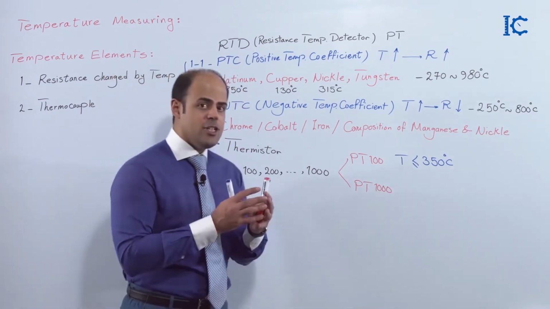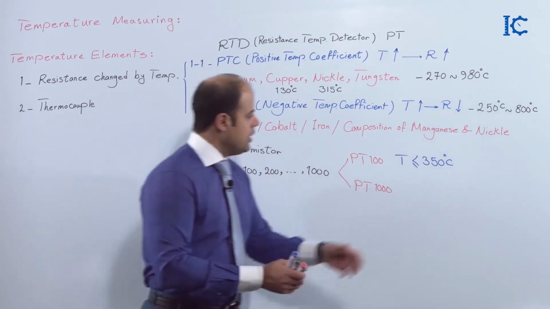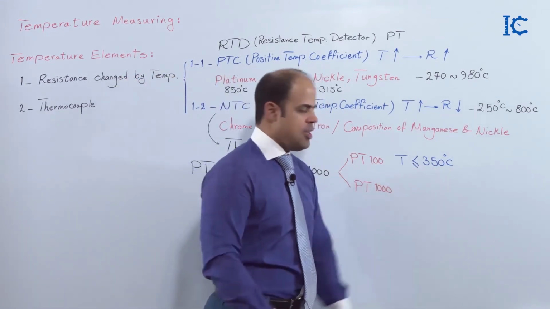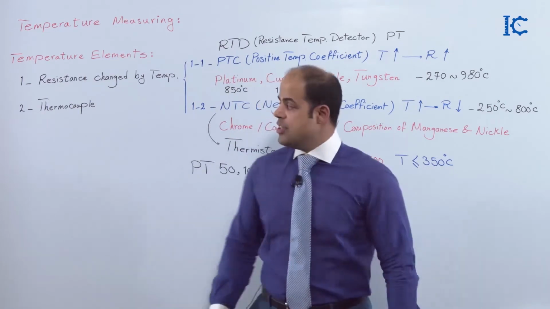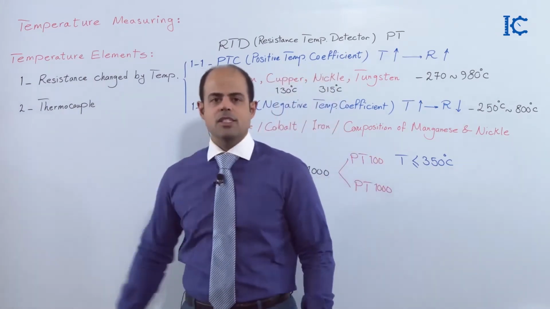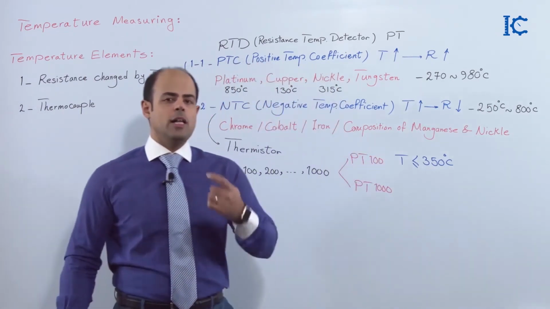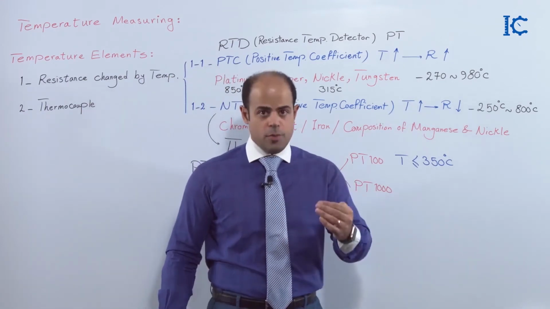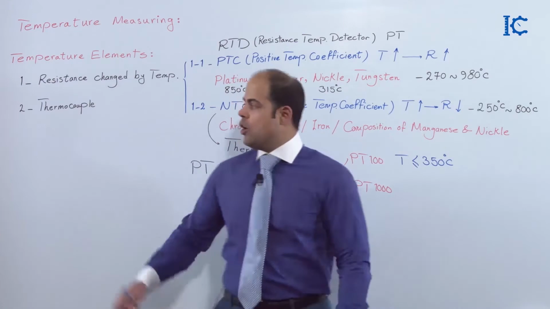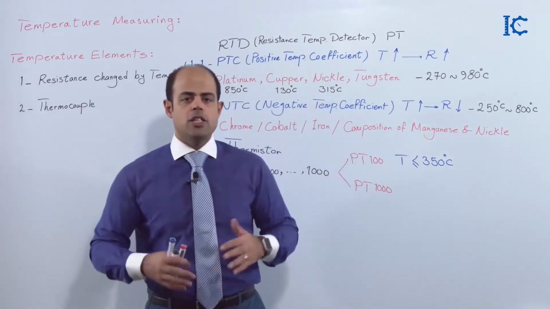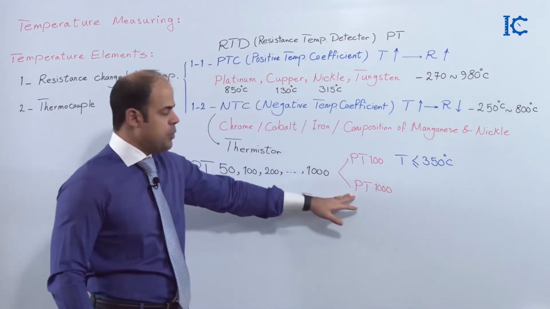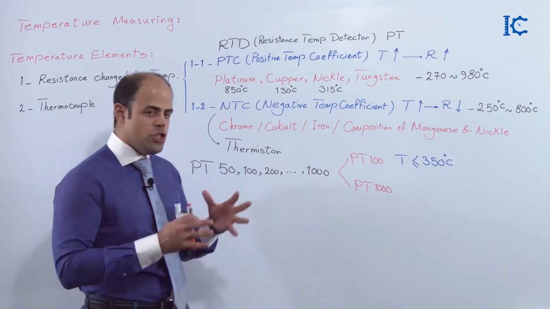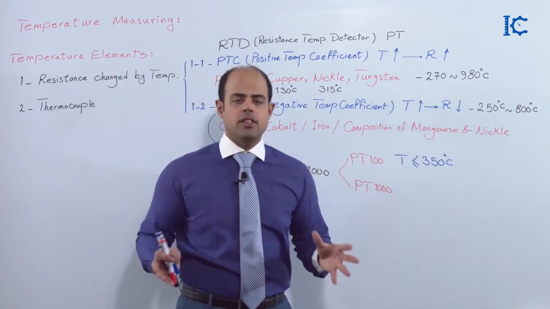But again, for a temperature more than this amount, we tend to use the thermocouple, because thermocouples are a little bit more accurate or precise at higher temperature. Moreover, they are cheaper and widely used compared with, for example, PT 1000. So I can put them into different cases.